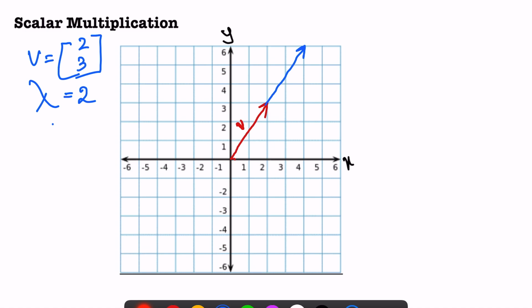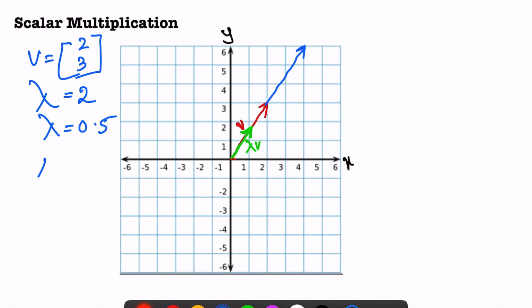Now if lambda is, let's say 0.5, then the vector will be squished. So it will be like this. So lambda v in this case will be this one.